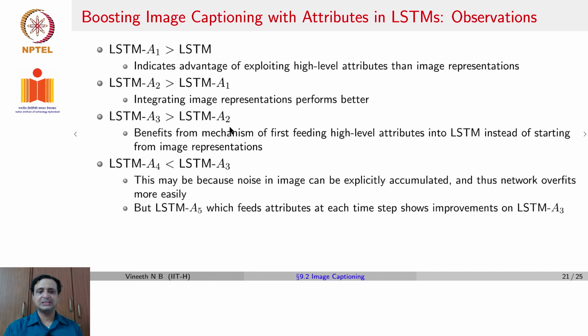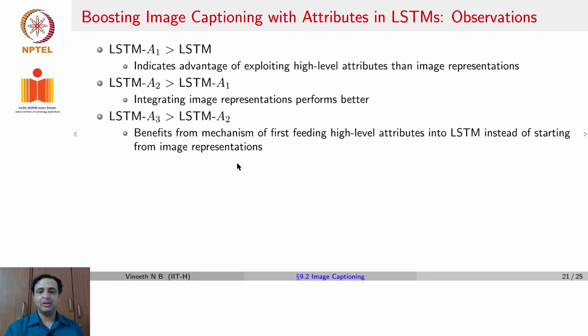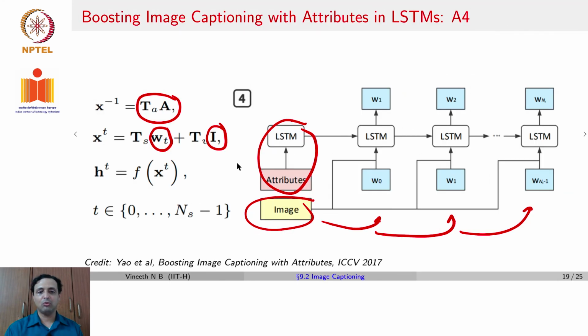Then came a surprise that A4 did not perform as well as A3. Recall, if you go back and see what A4 was, where you provided attributes at x minus 1 and the image as input at every time step.